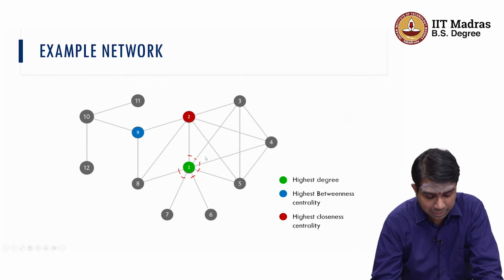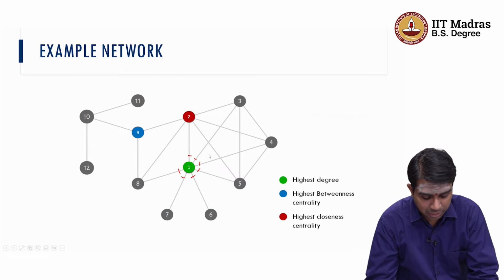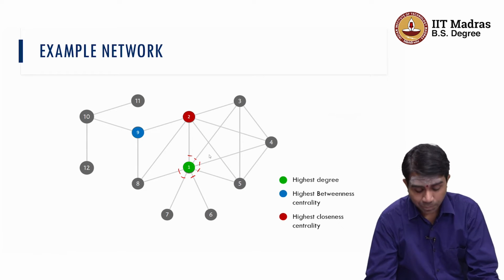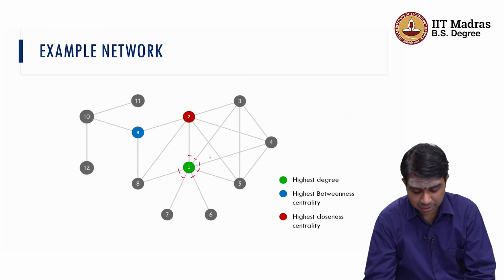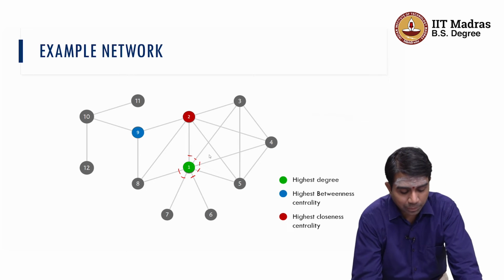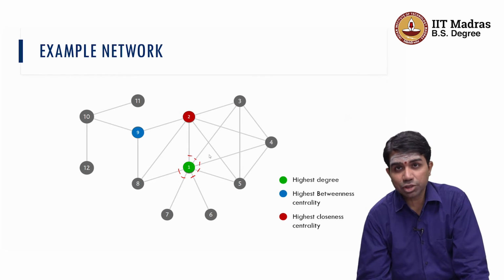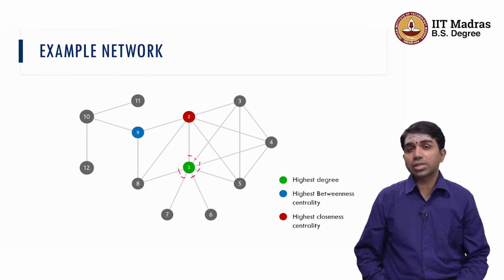But if you look at betweenness centrality, node 9 has merely 3 edges, so its degree centrality is low, but if you look at its betweenness centrality, it is really high. And if you look at the node with highest closeness centrality, that is again a different node which has a relatively lower degree, it is like 1 less than 1, but it still has a very central position in the network by virtue of its closeness centrality.